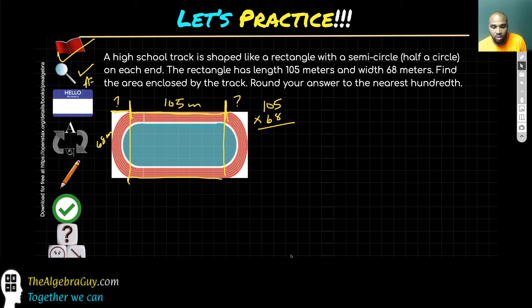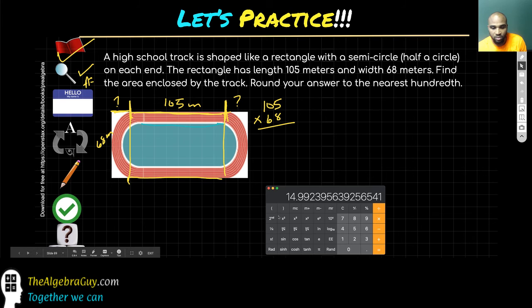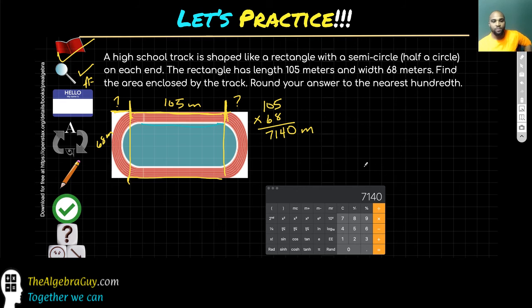I'm going to put that in my calculator. 105 times 68, 7140. And meters is what we're looking at. So this area right here is 7140 meters.